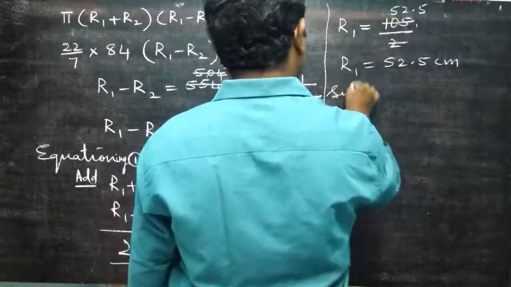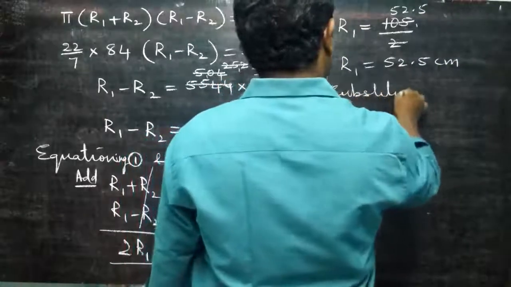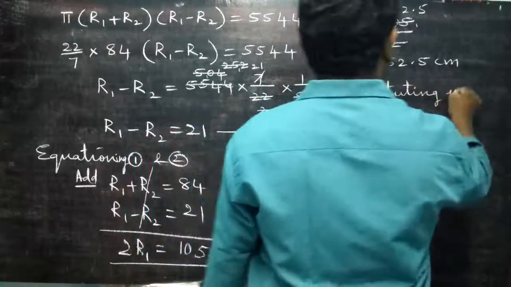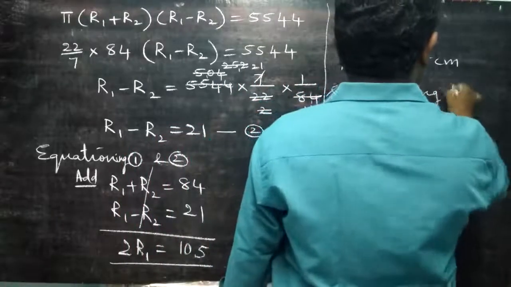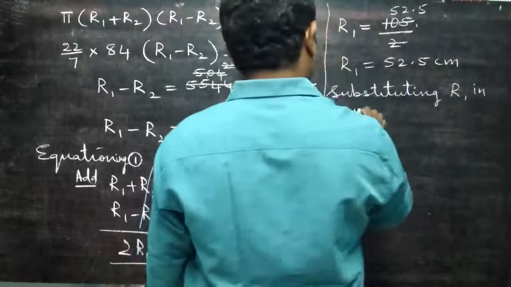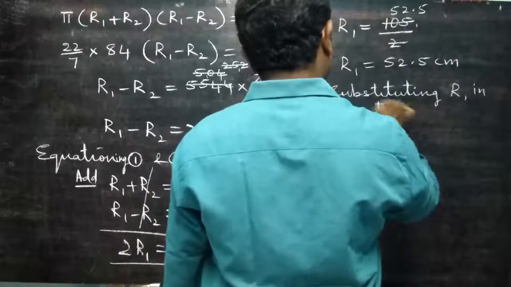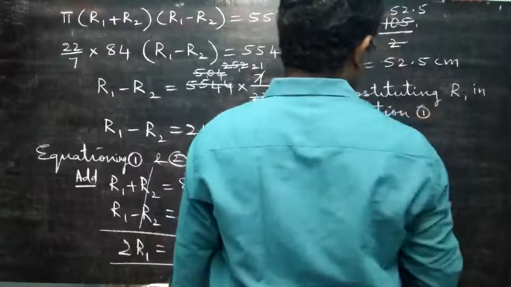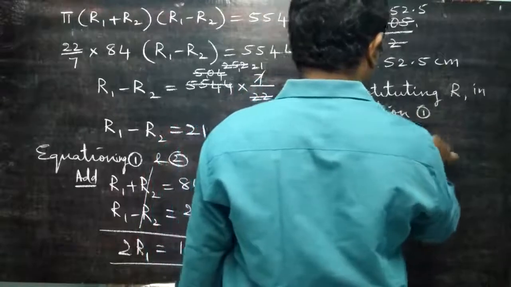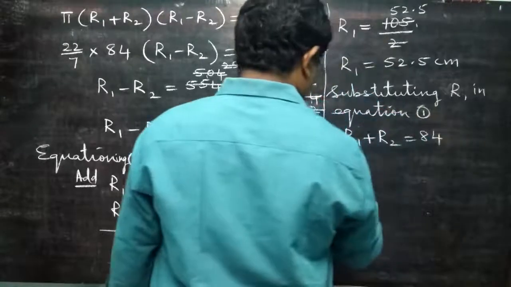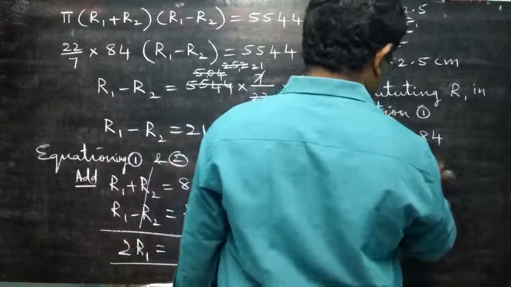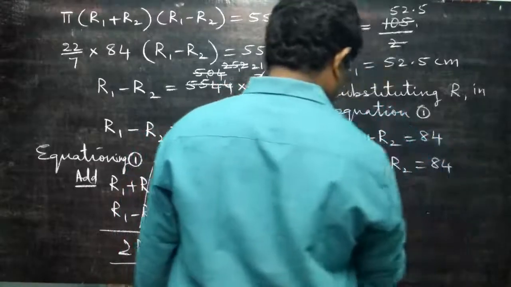Now we are going to find R2. So substituting R1 in equation 1. Otherwise equation 2 also, no problem. In equation 1, R1 plus R2 is equal to 84. 52.5 plus R2 is equal to 84.